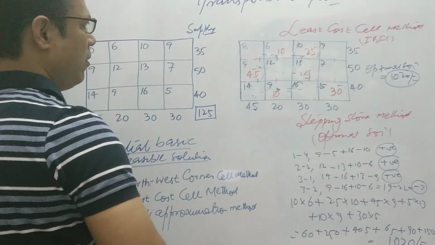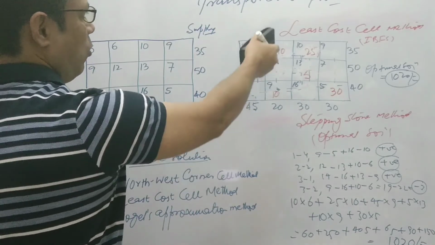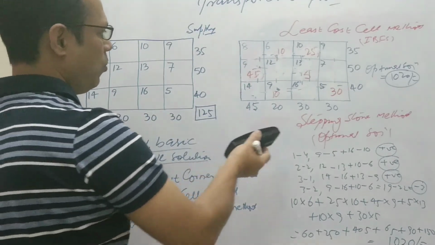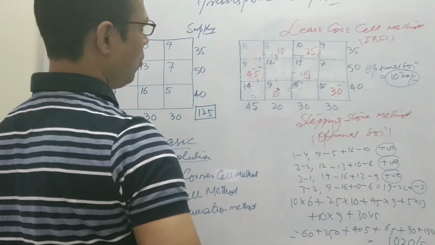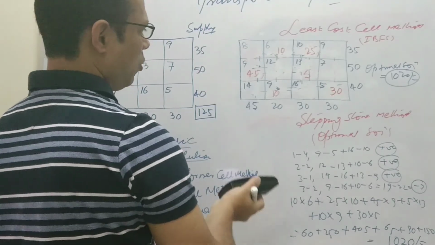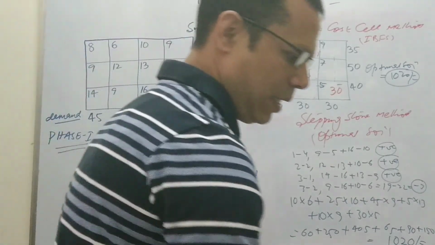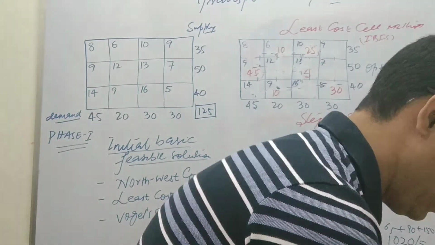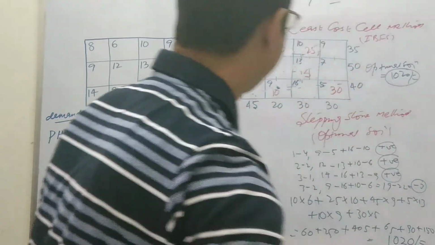I already have given two examples. One example over the Vogel's approximation method in part 2, and one example I've given over the least cost cell method in this part. So just go through these two parts. You will get the result, and try to solve some number of questions.